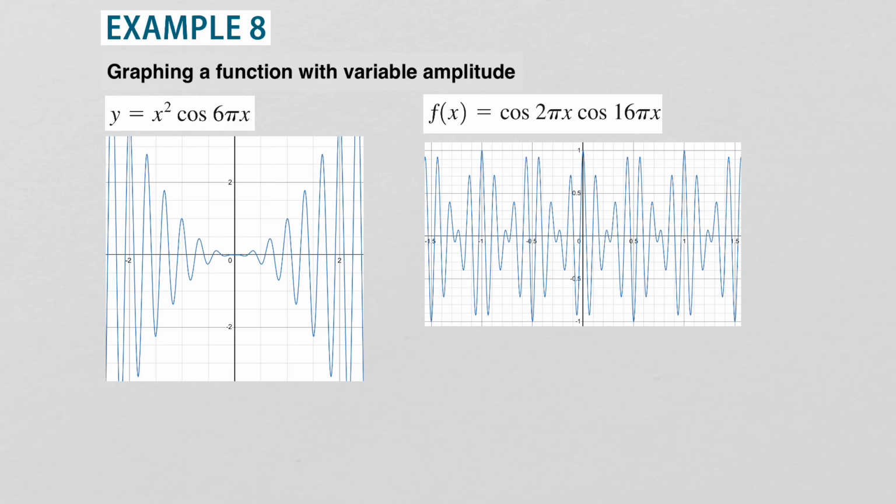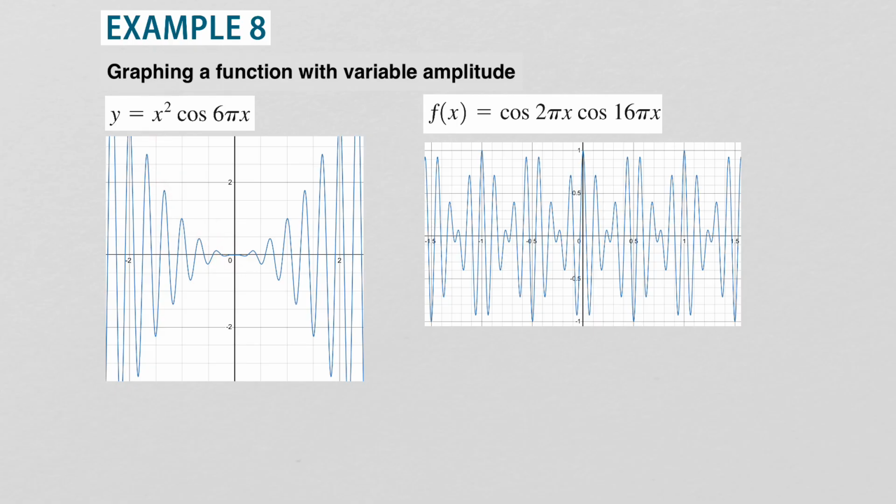Here's a couple other examples, graphing a function with a variable amplitude. So if I take a cosine function, for example, and I multiply it by x squared, I want you to notice how it is oscillating like a cosine function does, but the amplitude is increasing as you go in this direction, and it's also increasing as you go in this direction.